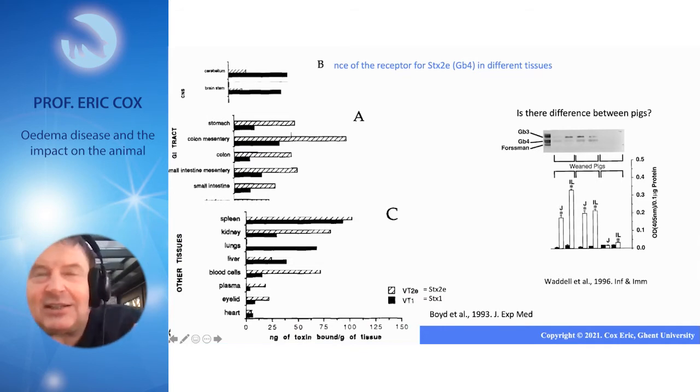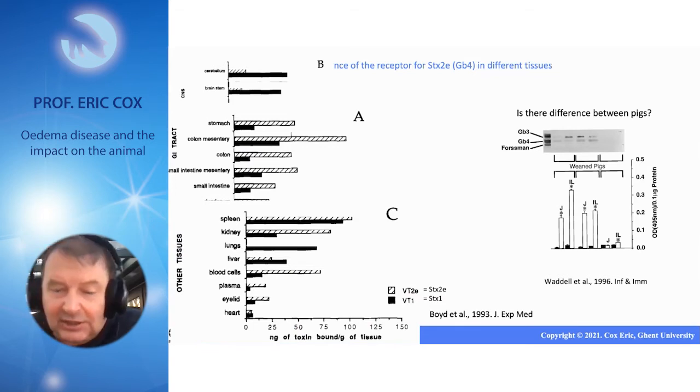This is an interesting observation because it could indicate that Shiga toxin receptors are not equally expressed in all piglets, so that some piglets are more susceptible to the toxic effect of Shiga toxin than other piglets.